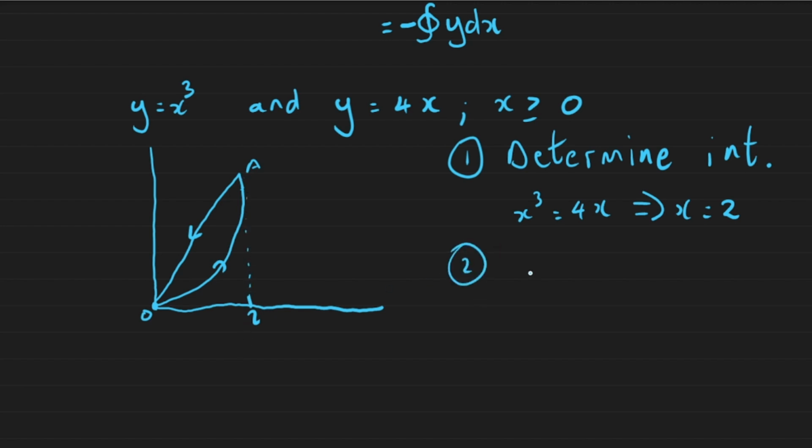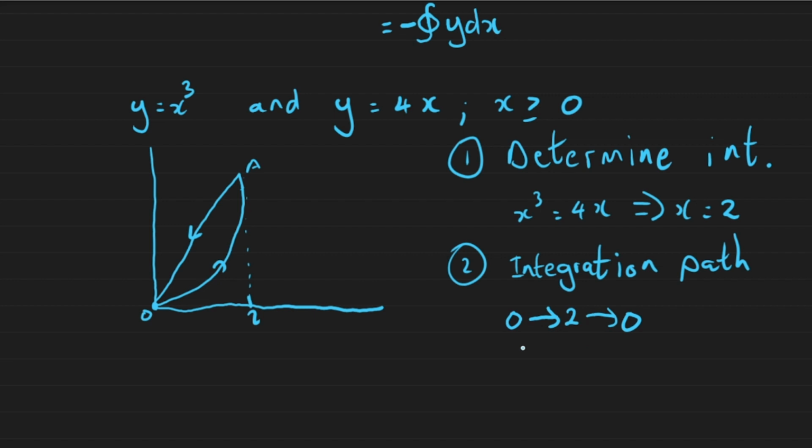And then now we need to specify the integration path. So this would be the integration path, and we see that we go from x is equal to 0 to x is equal to 2, and then back to x is equal to 0.